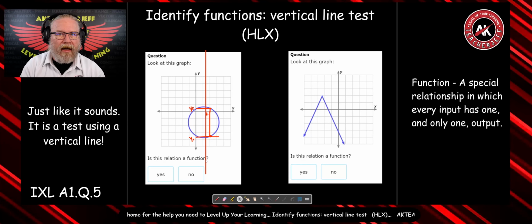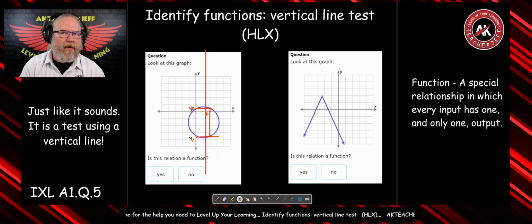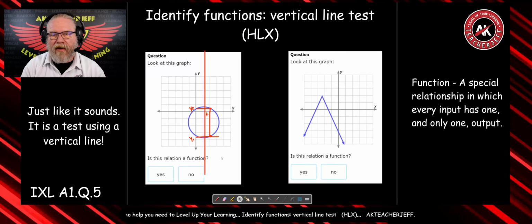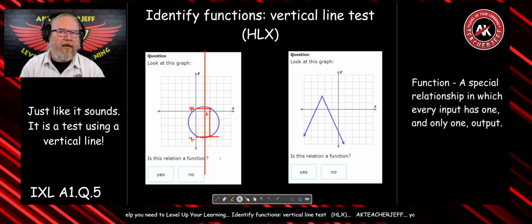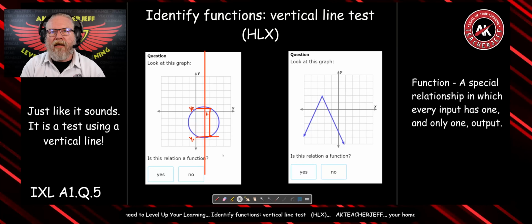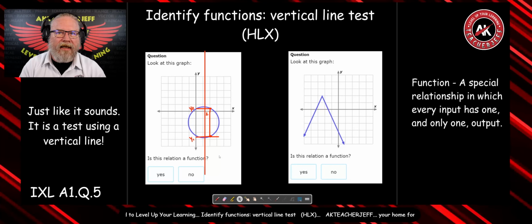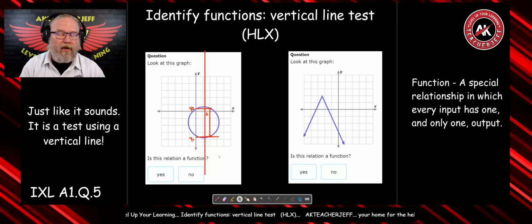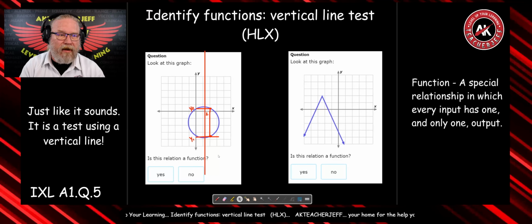A little story about a college class I was in. First day of the class, the professor says, "Who can tell me the definition of a function?" To which a girl in the class quickly raises her hand. Professor calls on her and she says, "It's a function if it passes a line test, a vertical line test." To which the professor says, "Well, that's true, but that is not the definition of a function."